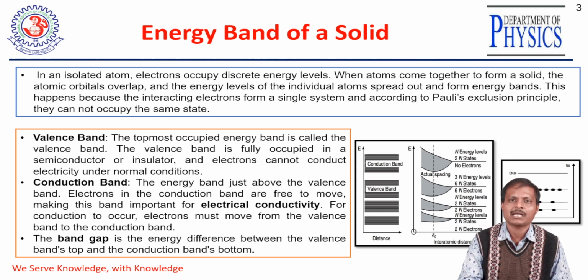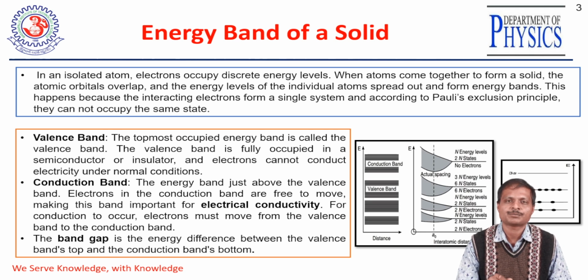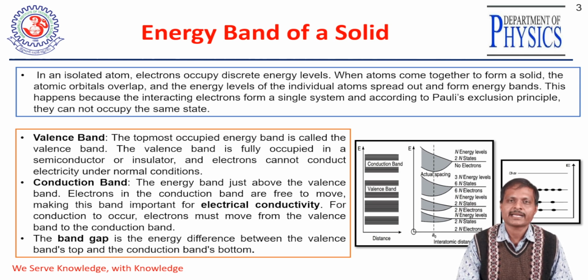So how many energy levels will it form? For the 1s case, let's say 2 electrons are there. So for an n-atom system, 2n energy states will form, and this 2n energy states, one level corresponds to 2 states, because one is for spin up and another is for spin down. So n energy levels and 2n states will be there.